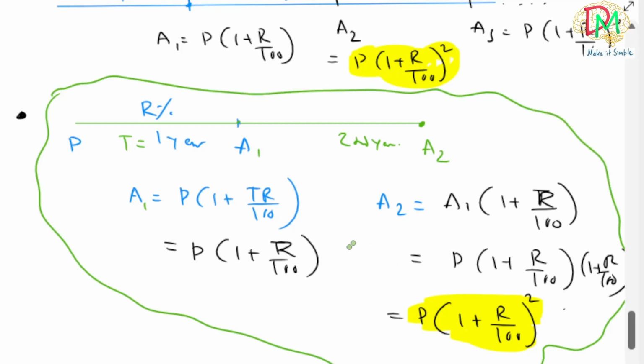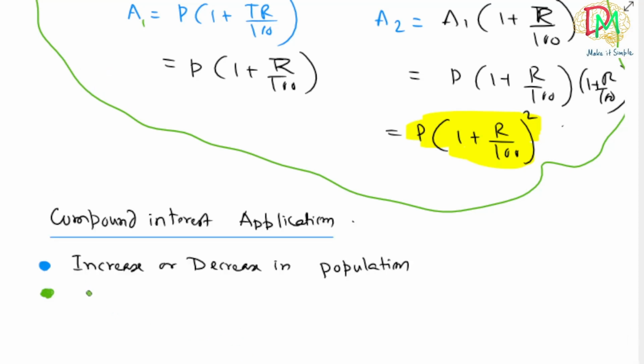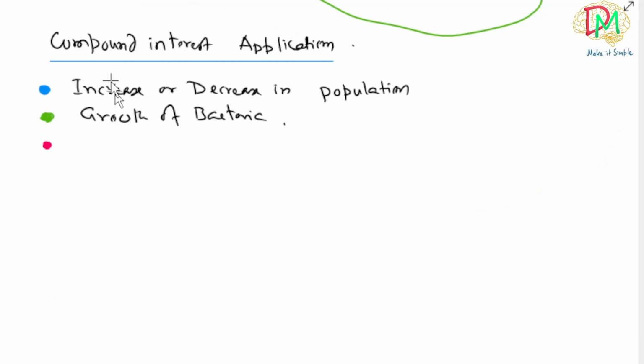Sometimes you have to apply this concept to find the compound interest. Compound interest is not always mentioned in problems like the increase or decrease in population, the growth of bacteria, and also appreciation and depreciation problems.